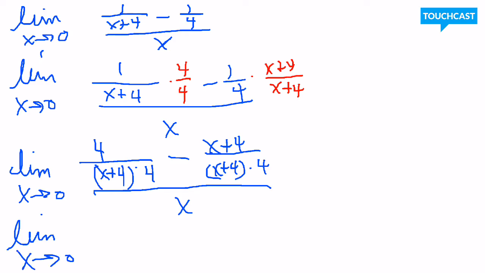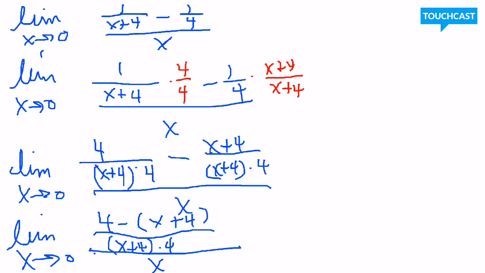Limit as x goes to 0 of 4 minus, do not neglect the parentheses here. That would make the most common calculus error, most common algebra error in calculus is failure to distribute a subtraction sign. And you're going to see we do lots of expressions that look like this. That's over my x plus 4 times 4. This is all over x.